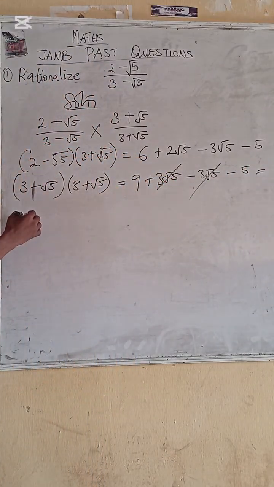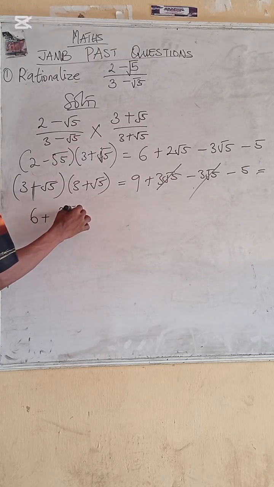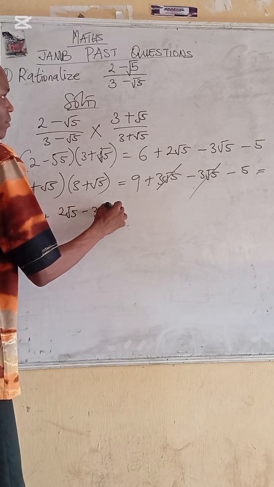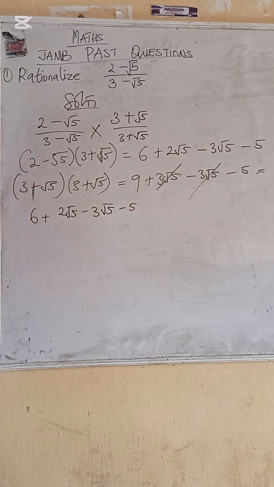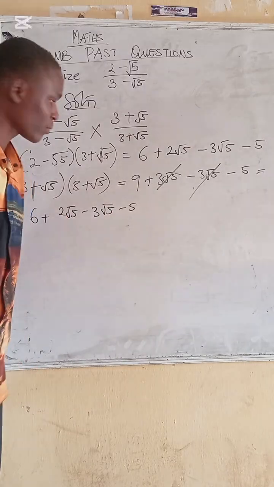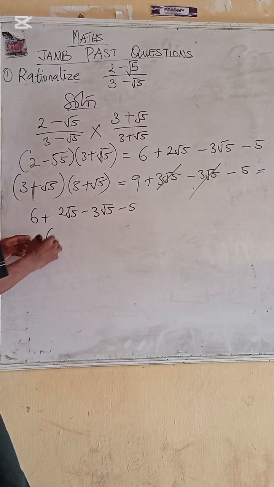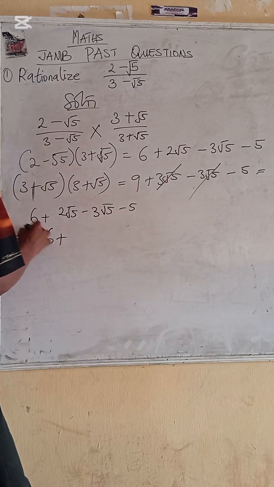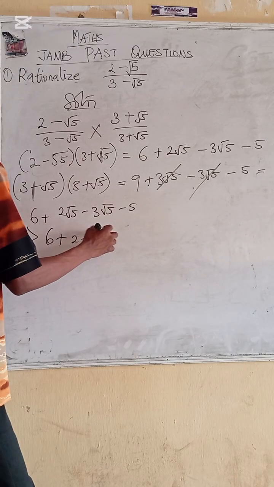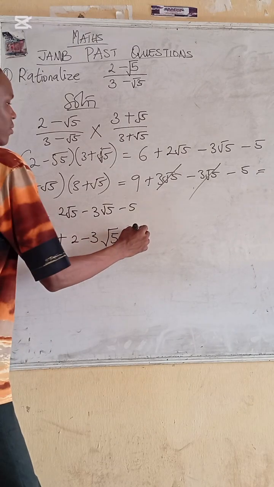So we'll have something of this nature: 6 plus 2 root 5 minus 3 root 5 minus 5. Now, in surds, those with the same roots can be combined. So we should have 6 plus 2 minus 3, all of them in root 5, minus 5.